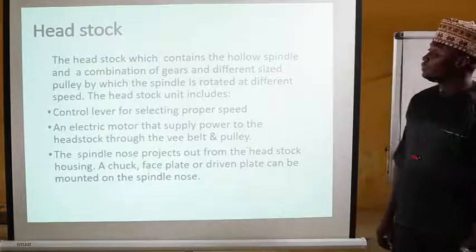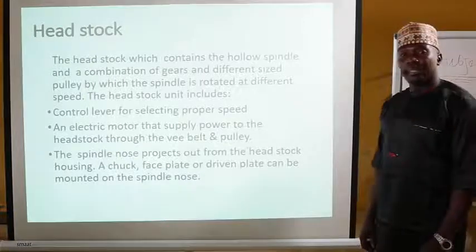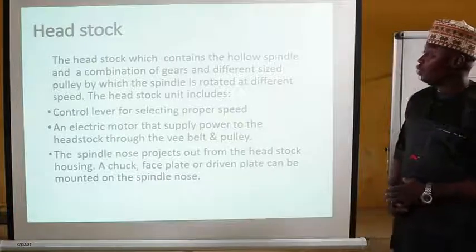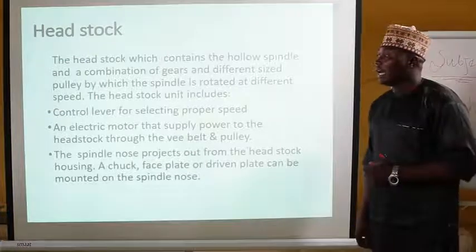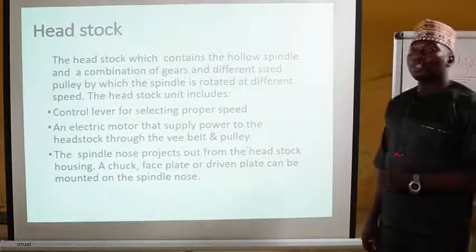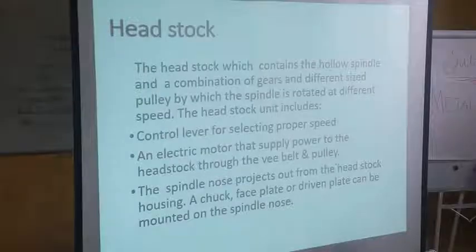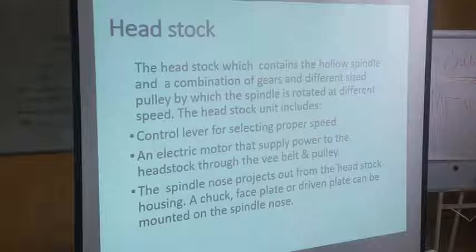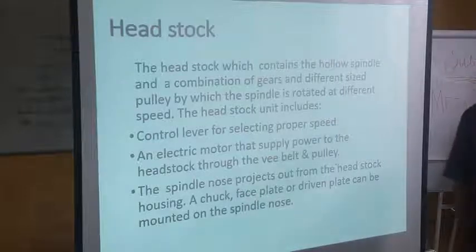It contains the spindle and a combination of gears that are incorporated in the machine, which rotate the spindle. And the headstock unit includes some vital parts. One, we have the control lever that you use to change the suitable gear while working with the lathe machine. We have the electric motor.